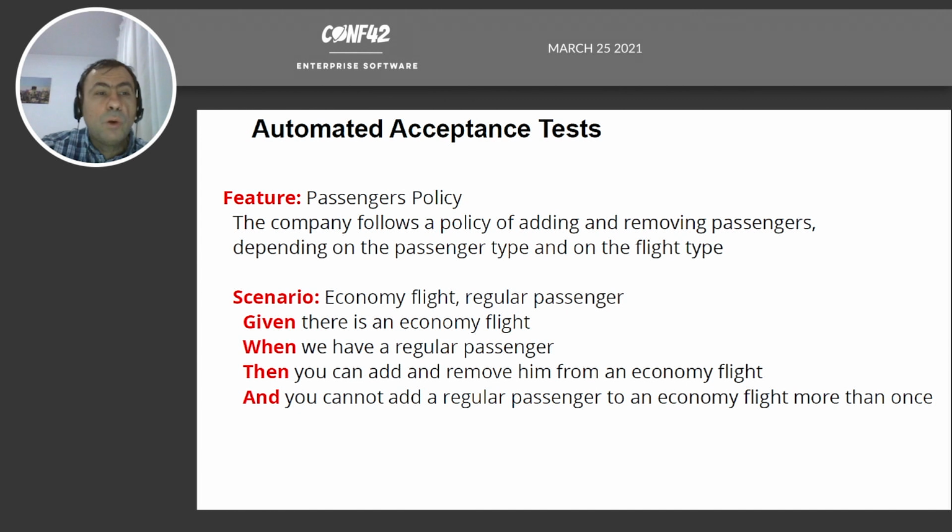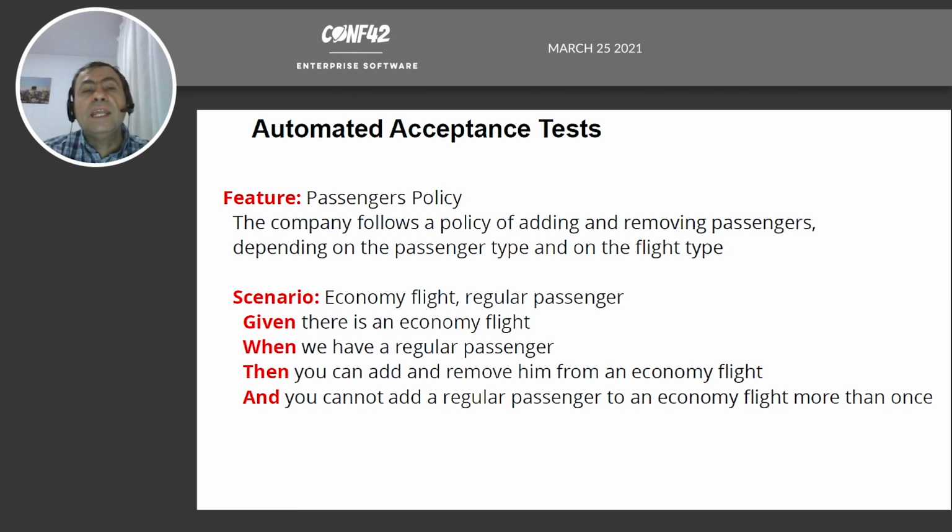Let's have here how such a passenger policy may look like in terms of BDD keywords. We implement here a feature called passengers policy, and we say that the company follows a policy of adding and removing passengers depending on the passenger type and on the flight type.